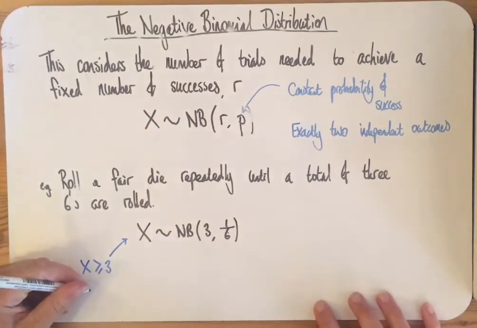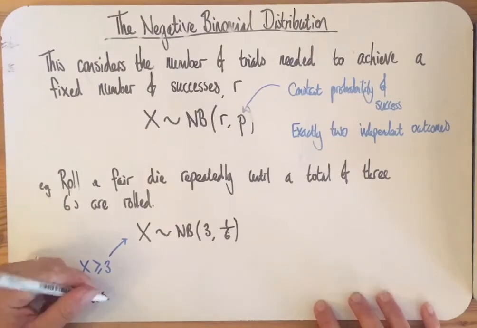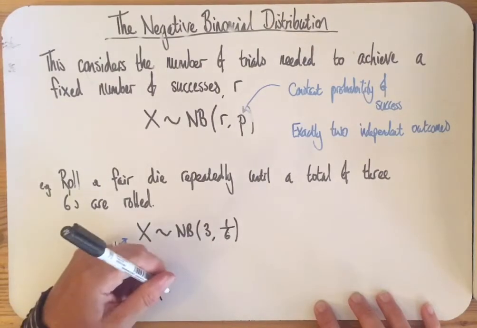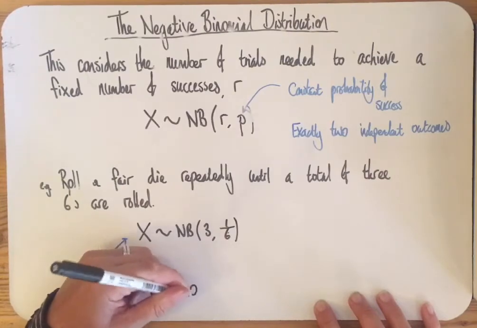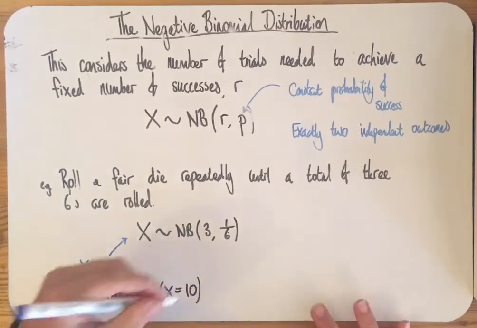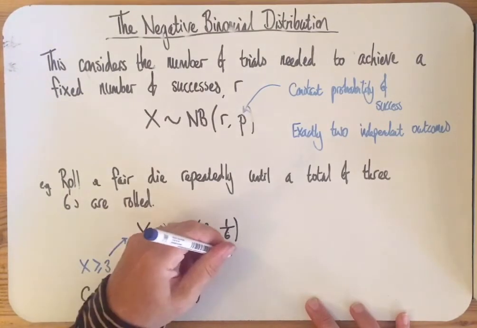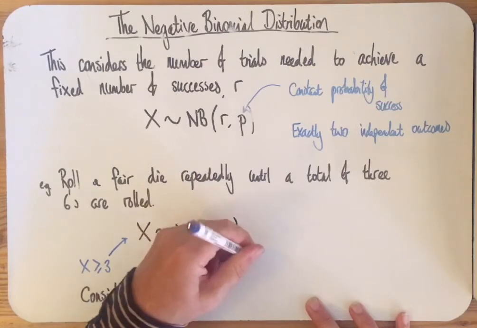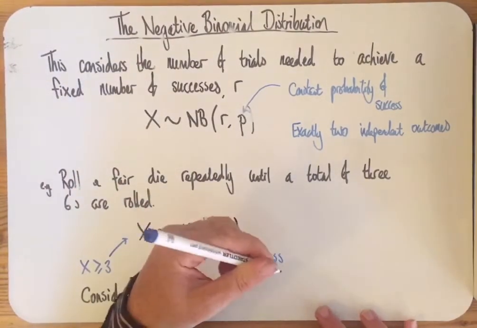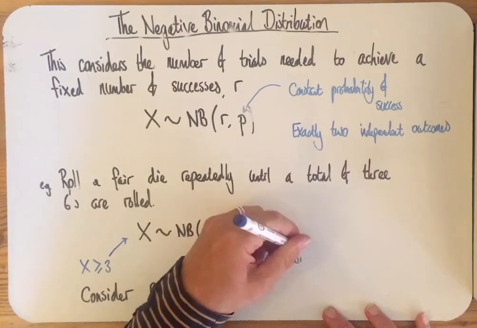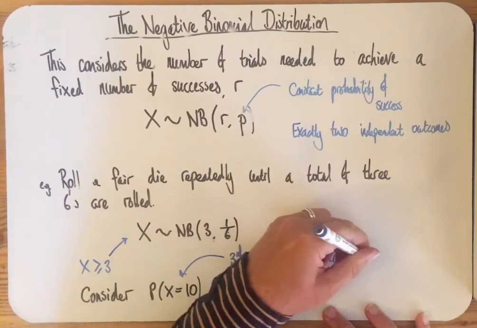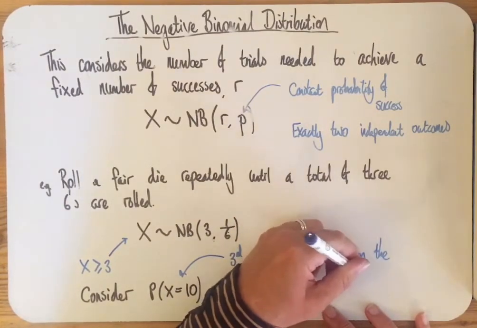And what I want to look at is the probability that X is equal to 10. If you think about this, if X is equal to 10, that means that your third 6 will occur on the 10th roll.